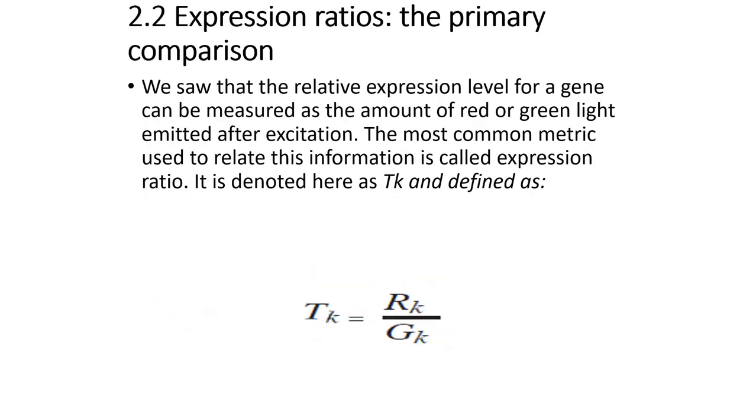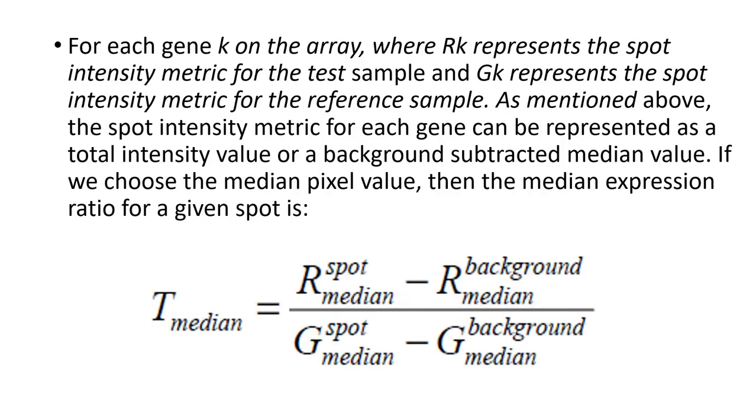This is the intensity ratio, also known as the expression ratio, RK by GK, and this is the important metric. RK means the spot intensity, and it is calculated as spot median intensity minus background median intensity.